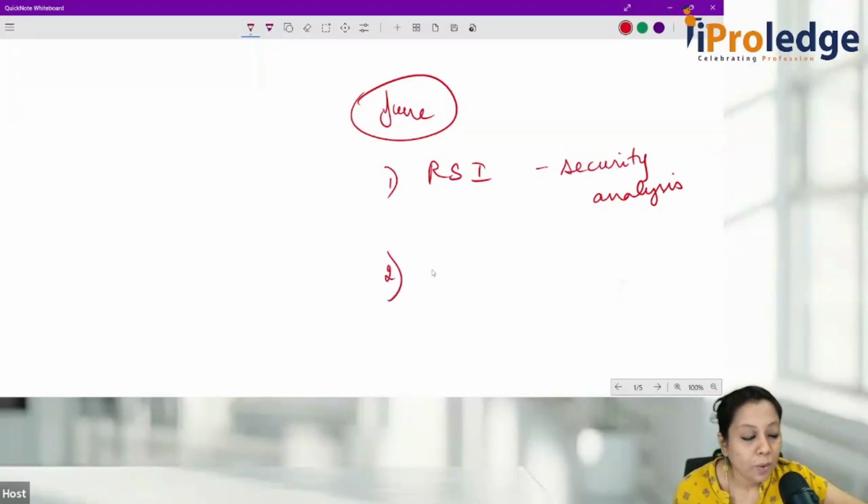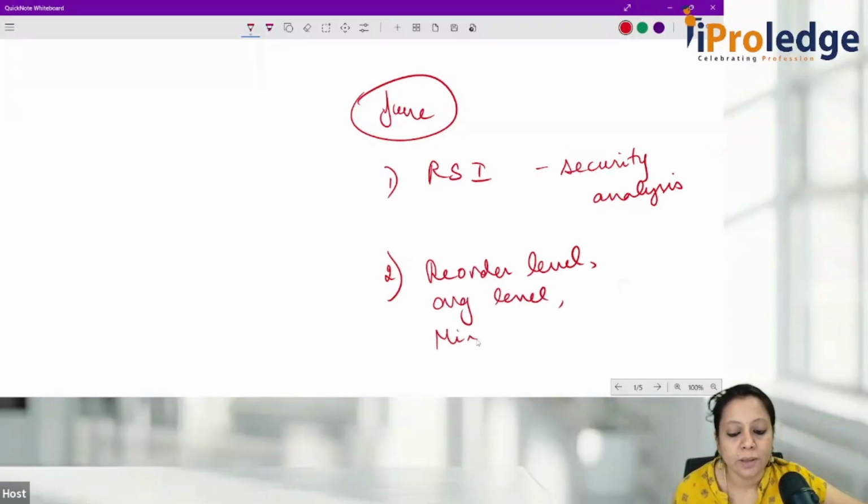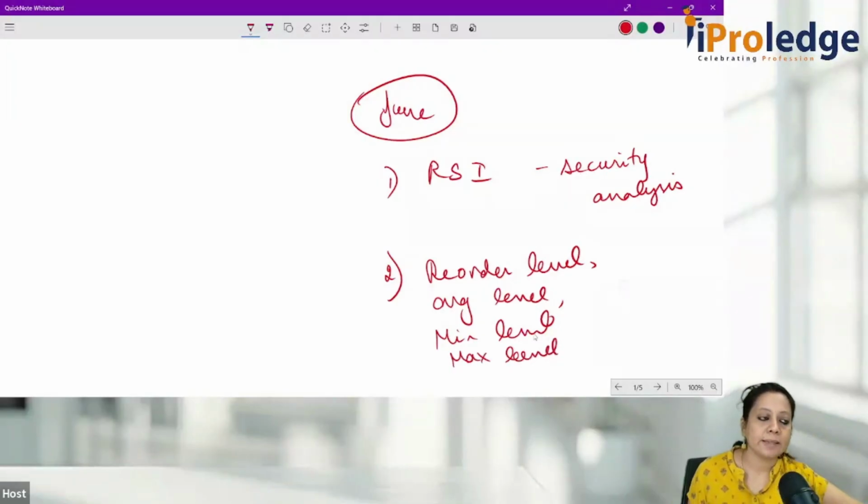And one more is the reorder level, average level, minimum level, maximum level. This is also a little bit frequently tested in the June exam. So please pay attention to these two. I'm not saying that this exactly will be asked, but there's a good possibility that it can be asked.